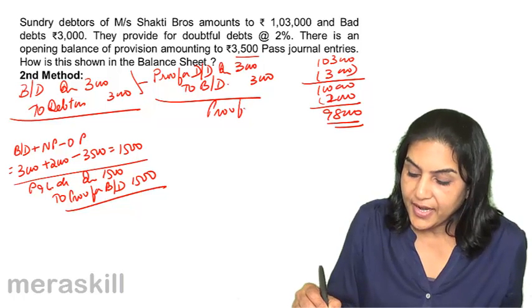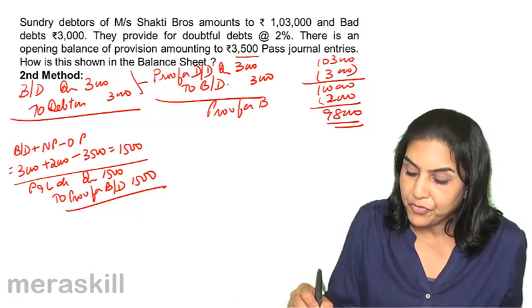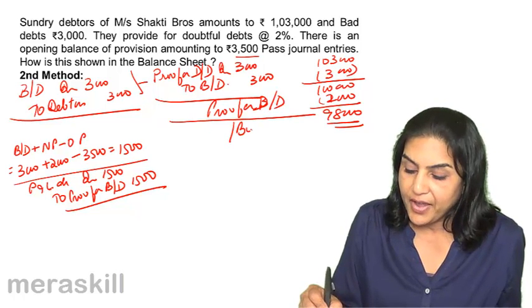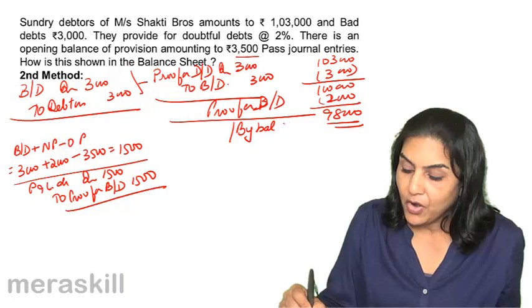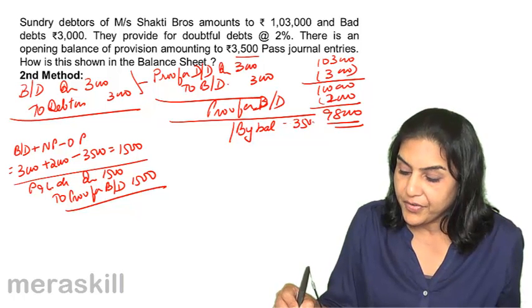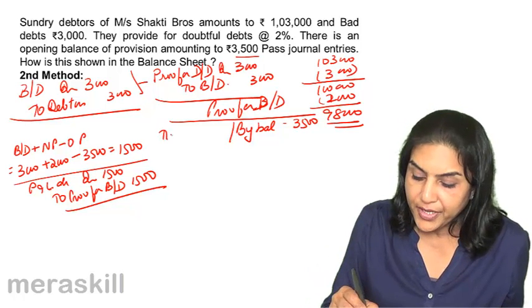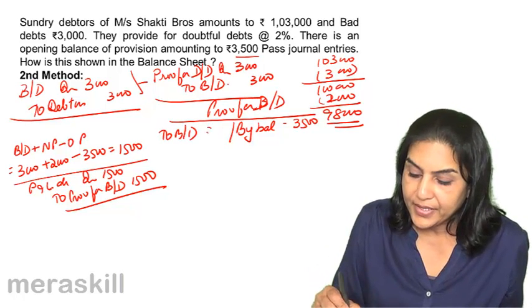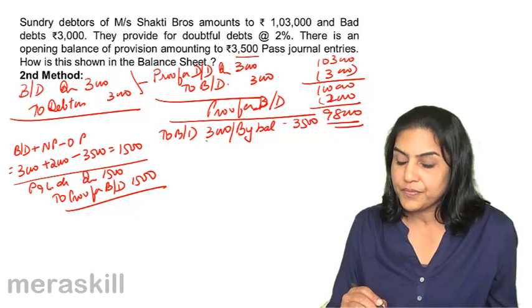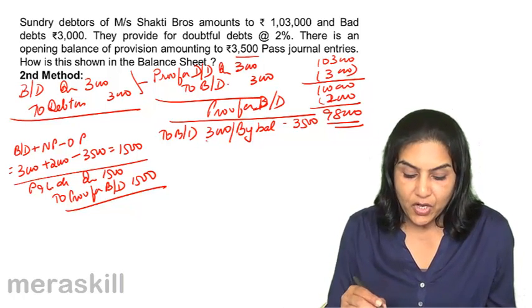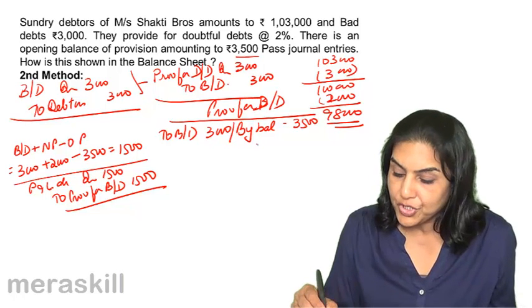Let us create the provision for doubtful debts account to understand. Provision for doubtful debts. We have a balance brought down of 3,500. Next, provision for doubtful debts account debit to bad debts, we have 3,000. Next, we have profit and loss account debit to provision.